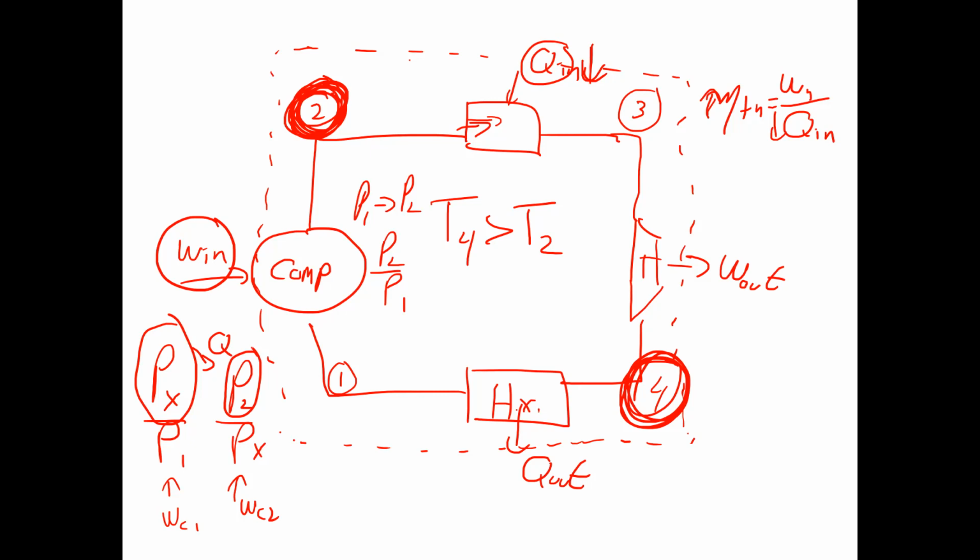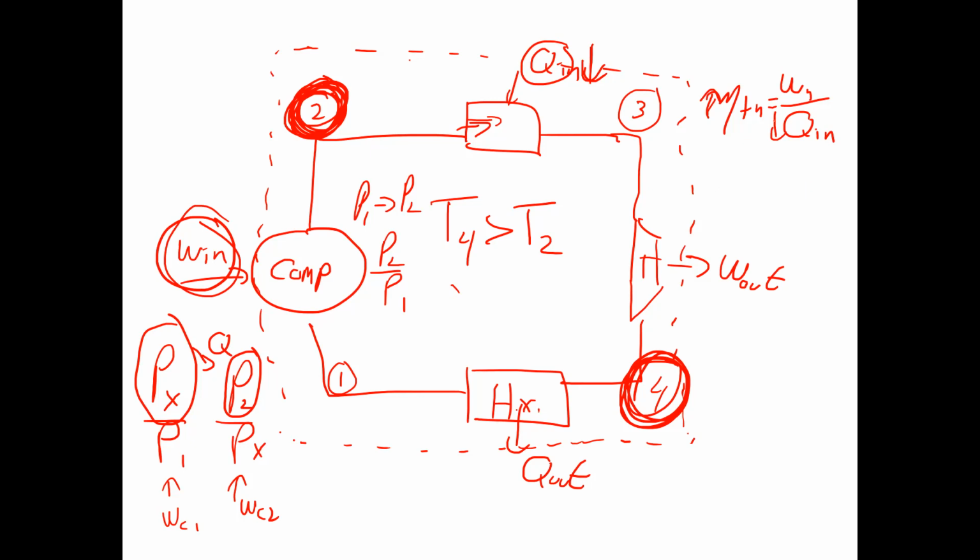So if I break up the compressor into various compression stages and decrease the temperature coming out of each compression stage, when I add up all those stages, it would actually be less work than doing it as a one-stage process.